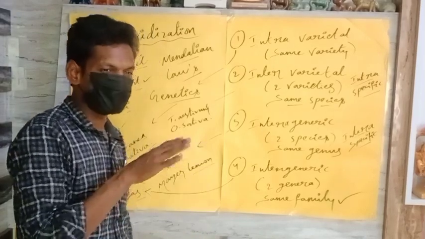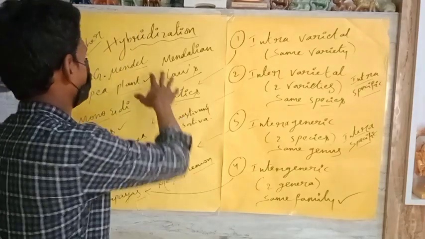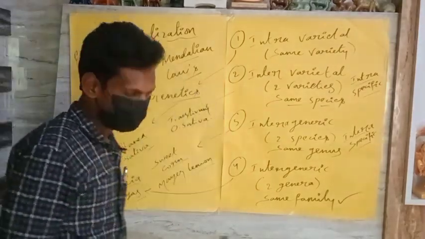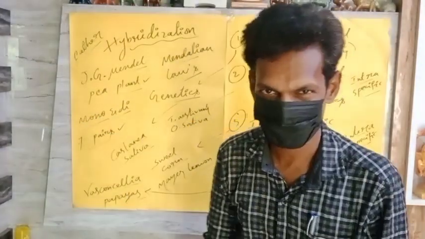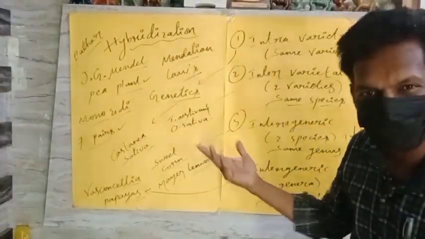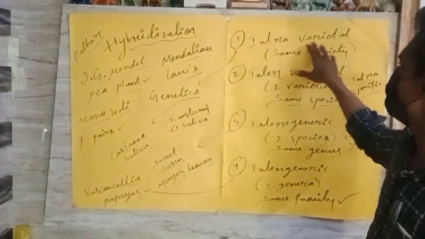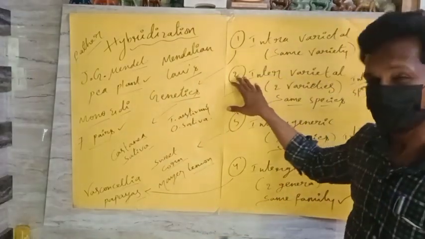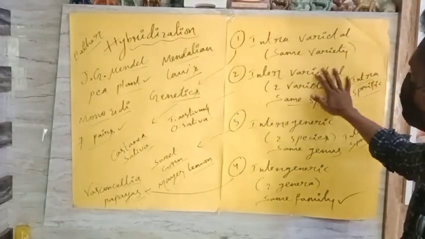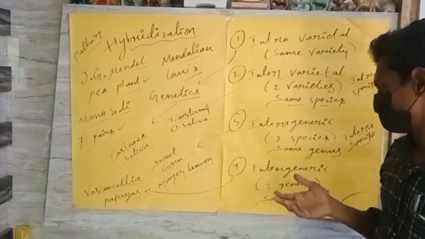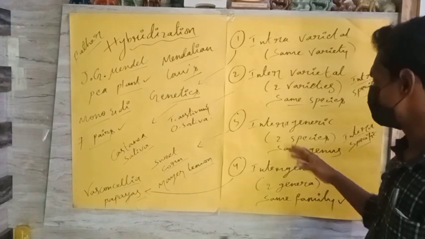Based upon all these, hybridization is categorized into different types. Briefly, once we will go through them. Type 1, intravarietal. Type 2, intervarietal. Type 3, intrageneric. Type 4, intergeneric.